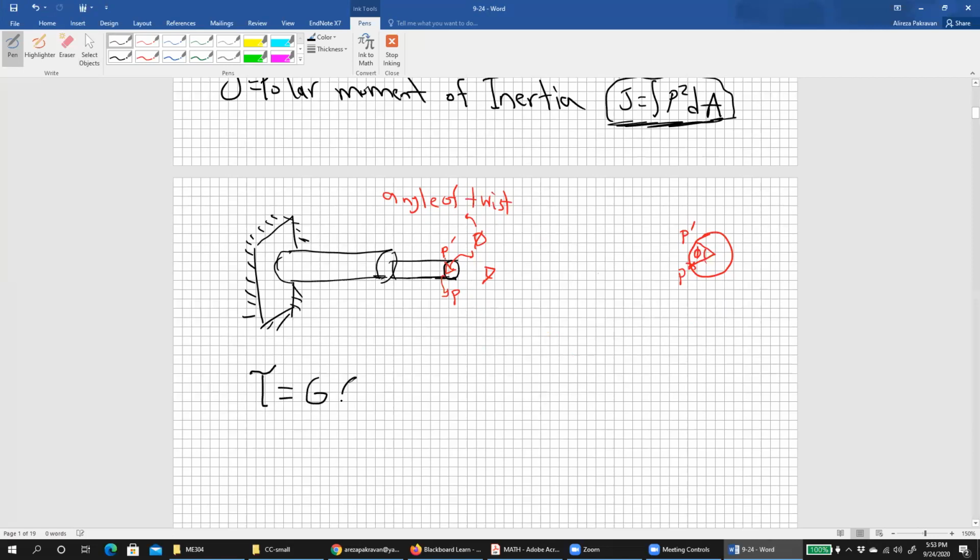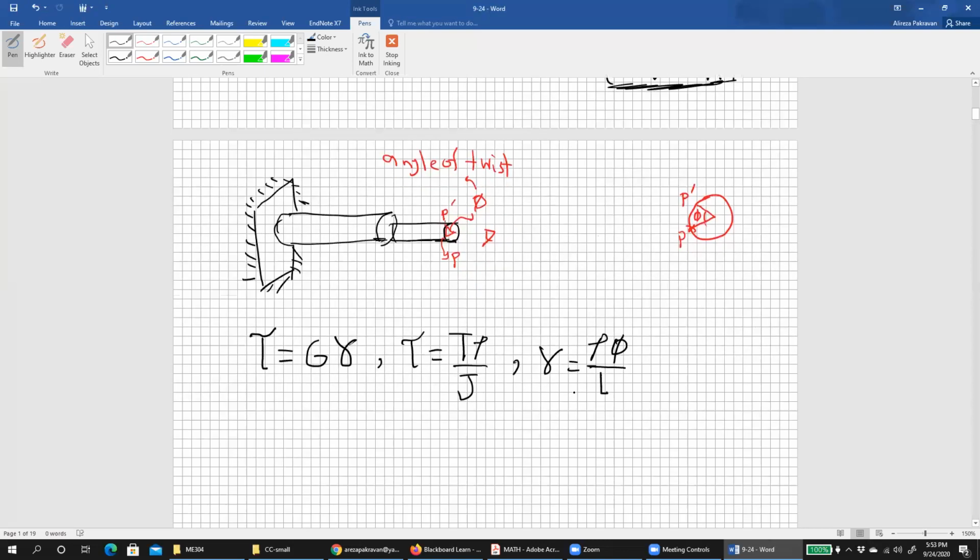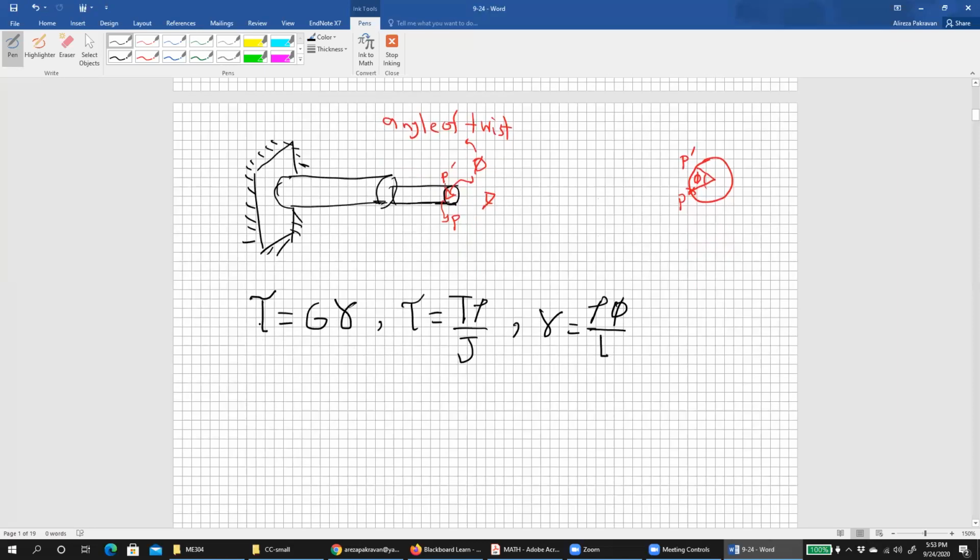Tau we said is TR over J, or T rho over J. And one more formula we discussed last lecture is the formula for strain: gamma equals rho phi divided by L, right? Now let's just substitute: instead of tau, put this one; instead of gamma, put this.